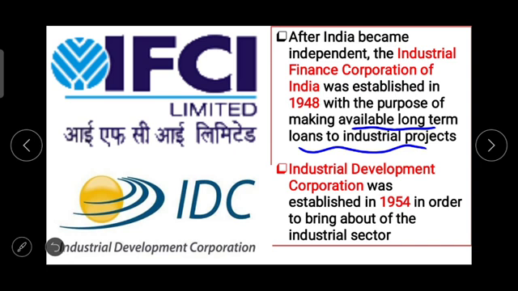And like that, the Industrial Development Corporation was established in 1954 in order to bring about greater development of the industrial sector. So, the Industrial Finance Corporation of India was for making available long-term loans in 1948, and then the Industrial Development Corporation was established in 1954 in order to bring about greater development of the industrial sector.